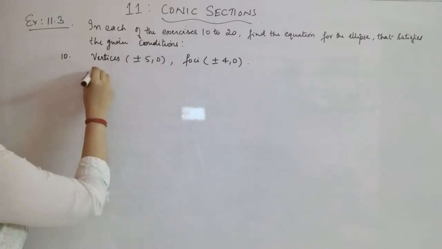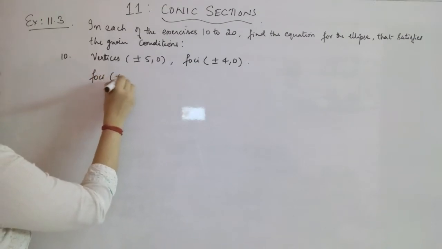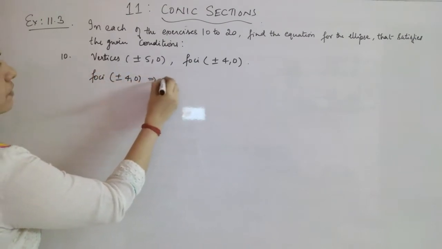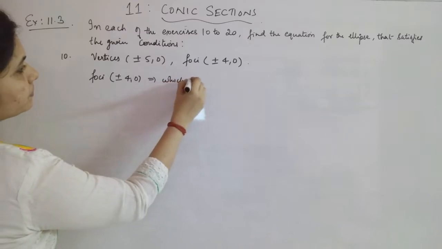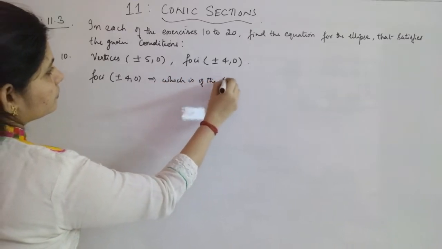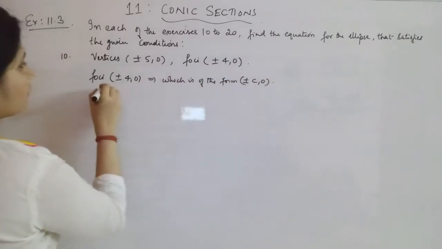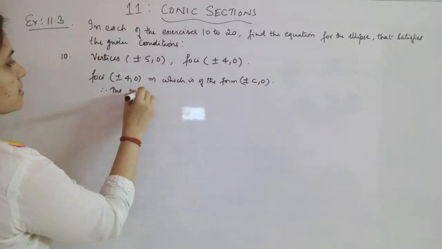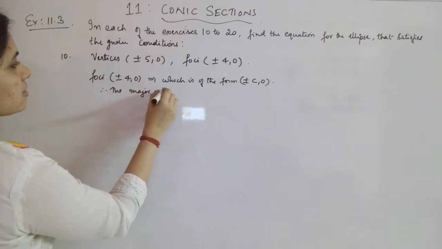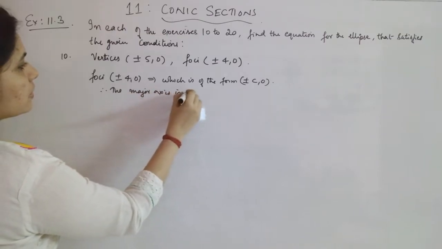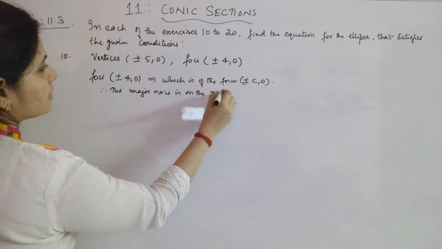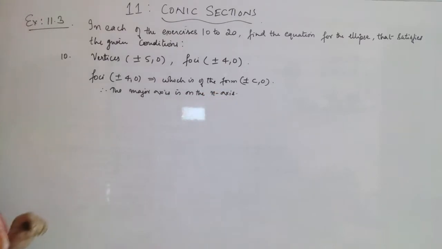The foci is given to be plus or minus 4, 0, which is of the form plus or minus c, 0. Therefore, the major axis is on the x-axis, or x-axis is the major axis. So that will give you an idea about which type of equation it is.